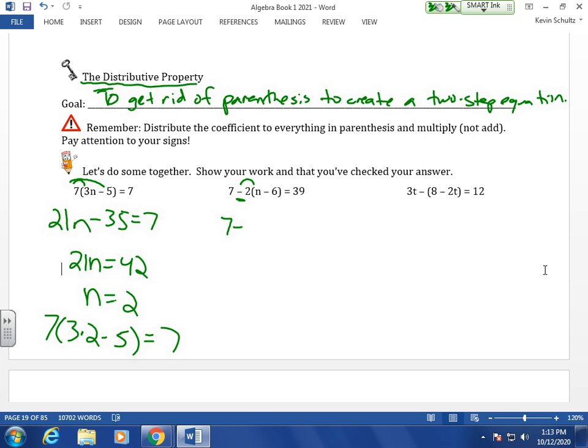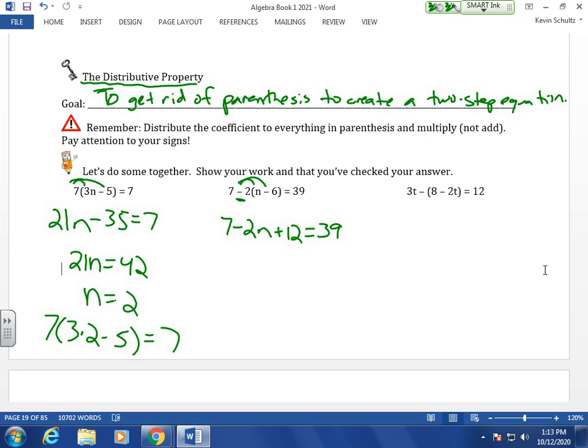-2 times n is -2n. -2 times -6 is a positive 12. And that equals 39. Are we at a two-step equation yet? We are not. Because we have a lot of numbers. Because we got stuff that we can combine, right?